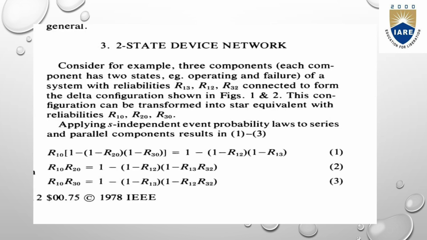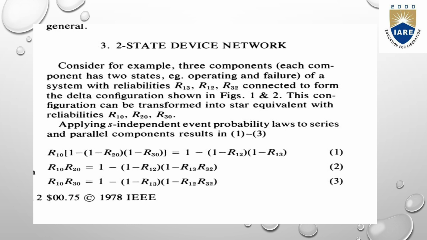And the next is the two state device network. Consider for example 3 components. Each component has 2 states, for example, operating and failure, of a system with reliabilities R13, R12 and R32 connected to form the delta configuration as shown.